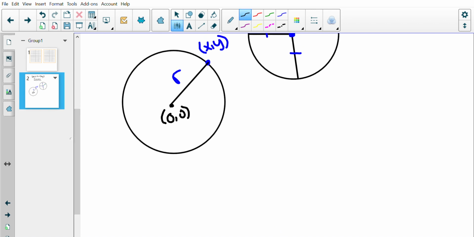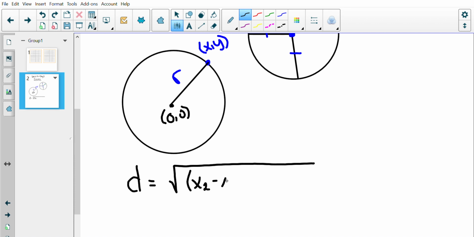So if we're using the distance formula, the distance between the center and xy is going to be found by taking the square root of the difference of the x coordinates squared plus the difference of the y coordinates squared.